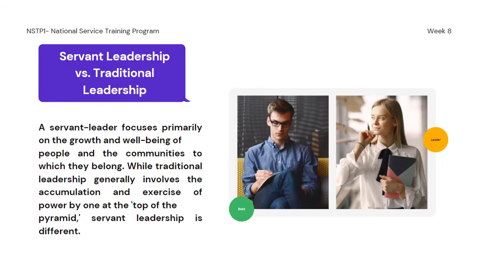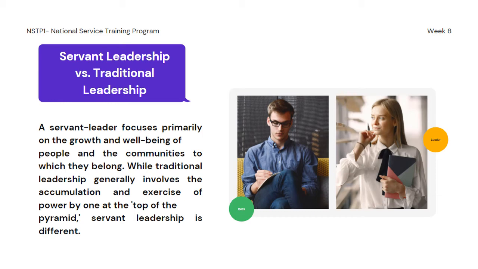Now let's differentiate servant leadership and traditional leadership. A servant leader focuses primarily on the growth and well-being of people and the communities to which they belong, while traditional leadership generally involves the accumulation and exercise of power by one at the top of the pyramid.